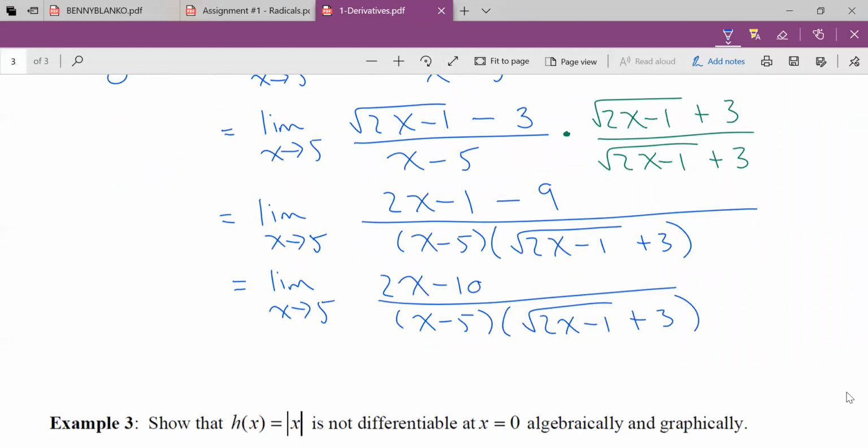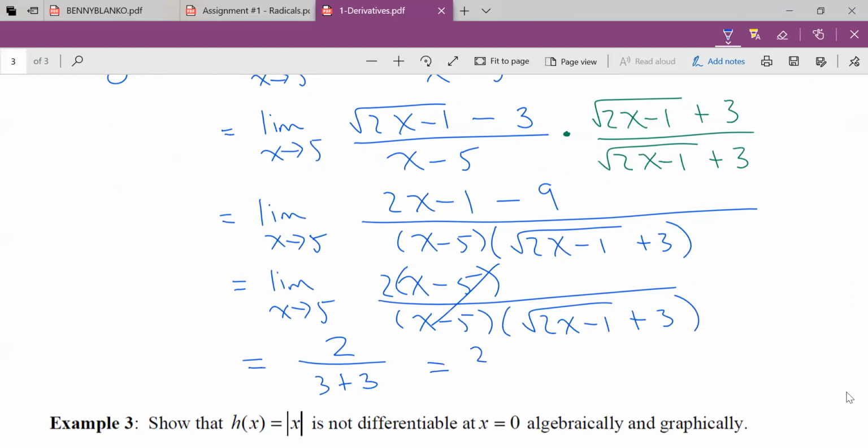But now do you notice what we can do? I'm going to factor out a 2 here. And look at that. Boom. There's our problem gone. Now we can do direct substitution. And we're going to get the square root of 9 is 3 plus 3.